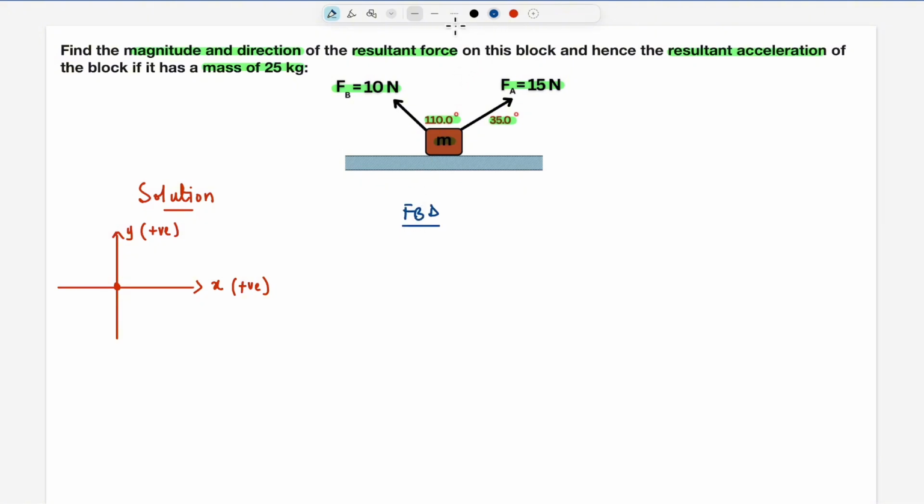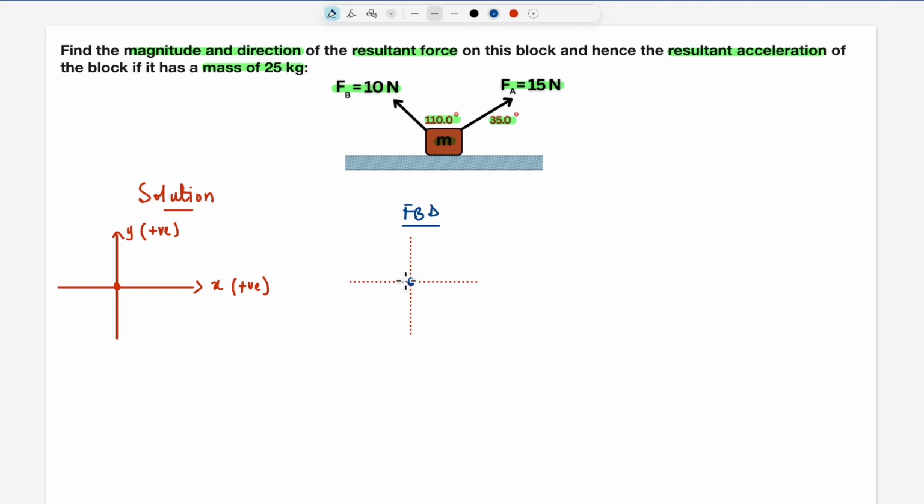We draw our coordinate axis. So we have the vertical axis and then we have the horizontal axis. Now we are going to place our block at the origin, which is here. Then we can see that we have a force Fa of 15 newtons acting on this block at an angle of 35 degrees to the horizontal.